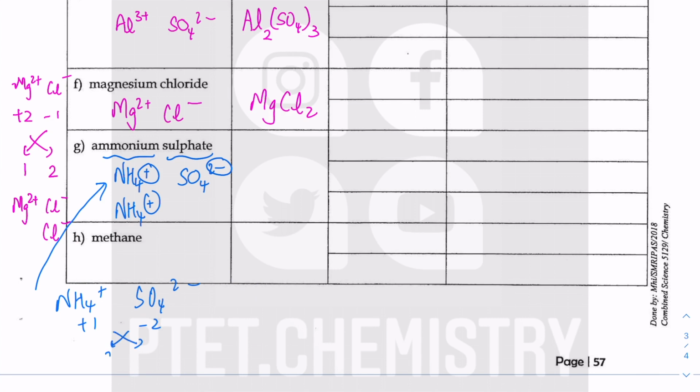Bring down the charges, but only the value. So you need 2 of these and 1 of these. Plus 1 times 2 is plus 2. Minus 2, there's nothing else, just minus 2. Overall, 0 charge, because compounds are not charged. You need 2 of the ammonium and you have 1 of the sulfate. I don't need to put it in a bracket because I just have 1 lot of it.